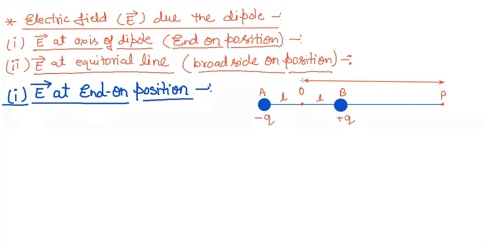From O to P, suppose this distance is R. So from A to P this will be R plus L.